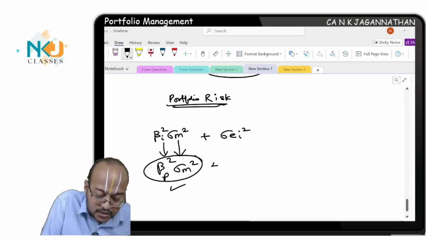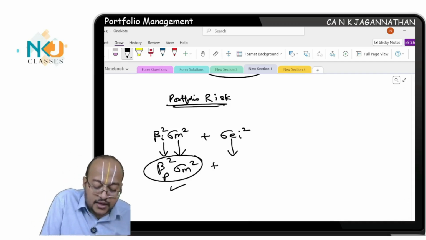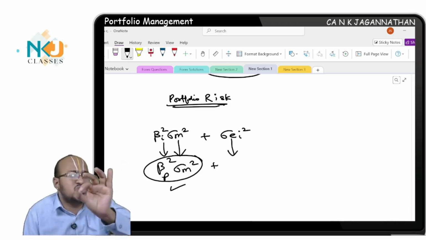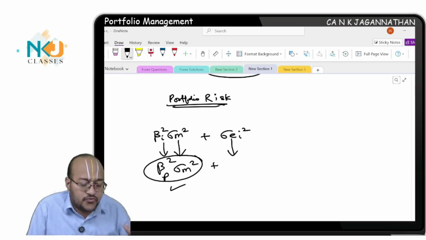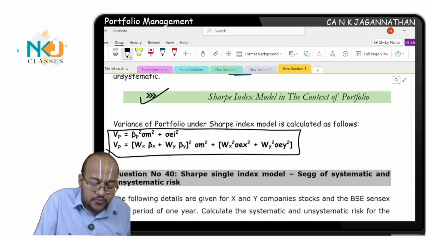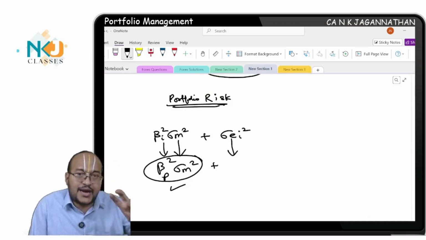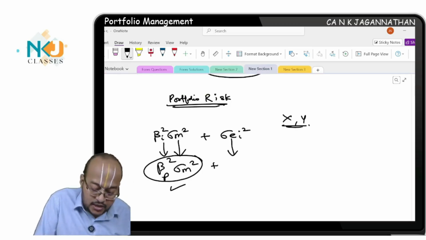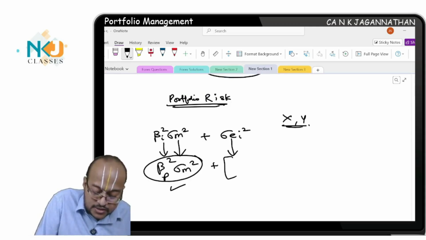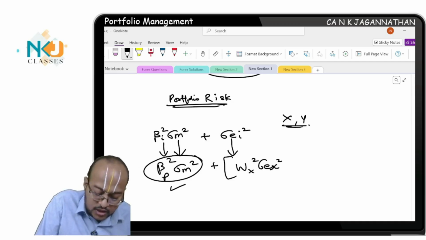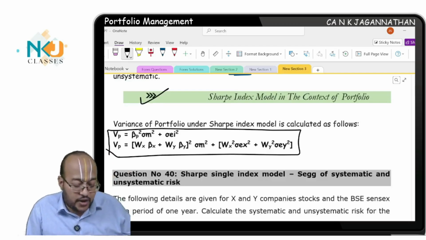Now come to unsystematic. The sigma EI square is there, na? Now this needs to be segregated, because if we assume a two security portfolio, with security X and security Y, you need to consider the weight of each security.